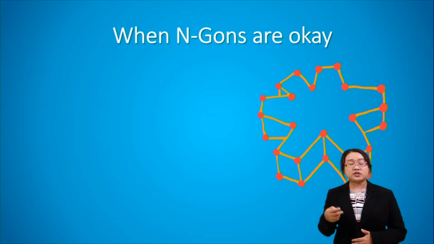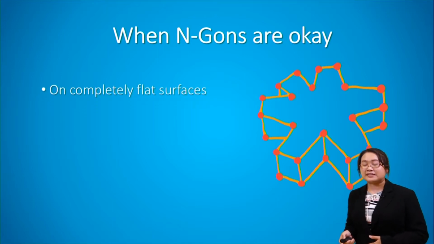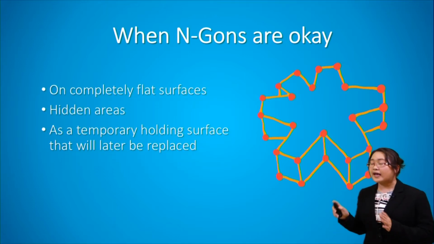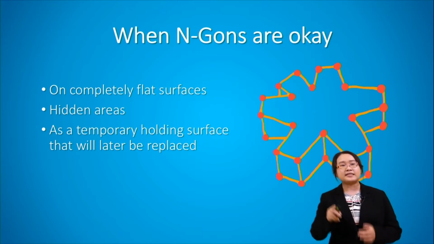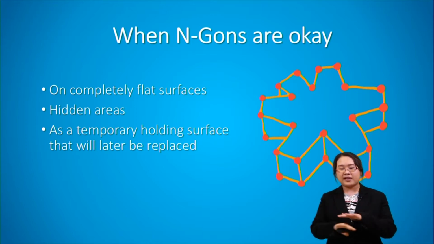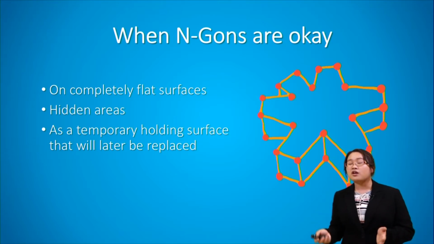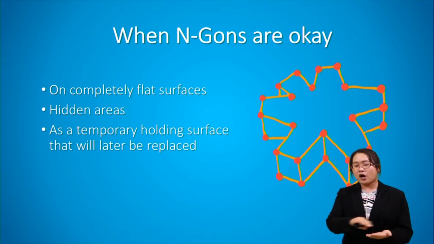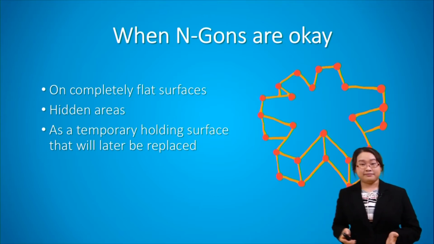So let's see in which situations n-gons are okay in computer animation. N-gons will be okay in several cases. The first one is if you have a flat surface that you never move in computer animation, for example, the top surface of a table. That should be fine.